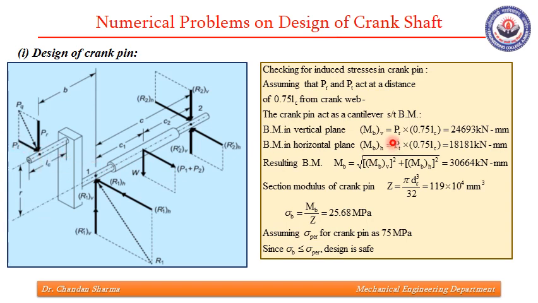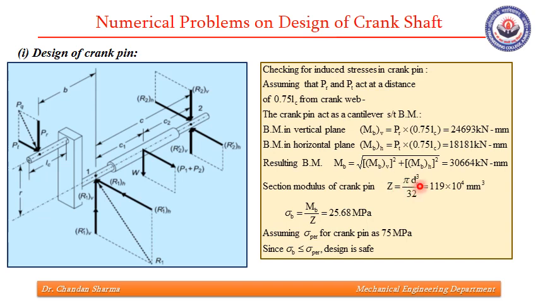Since we know PR and PT and we know LC, we have calculated the load. So the resultant bending moment comes out to be 30664 kilonewton millimeter. Section modulus of crank pin is pi DC cube by 32.